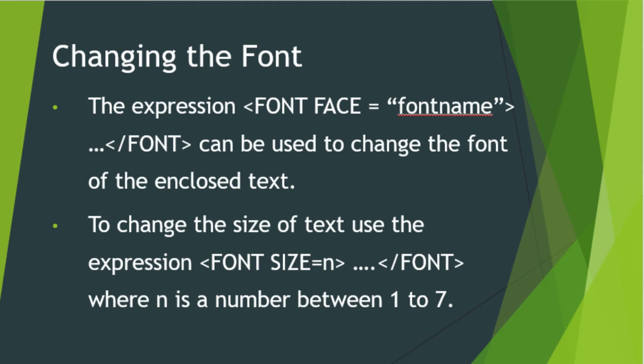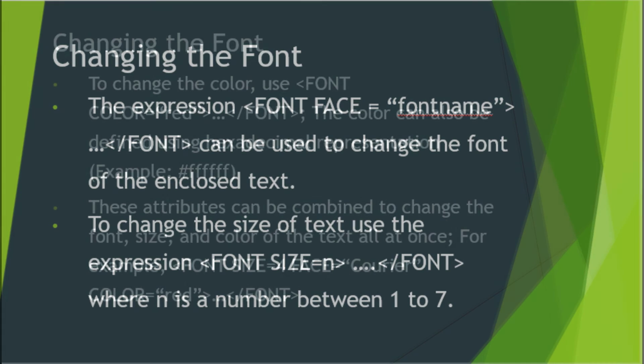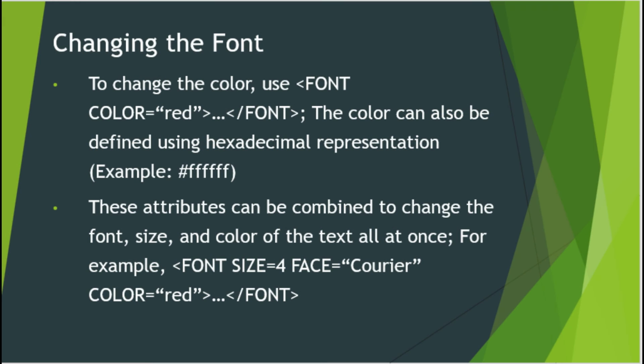Changing the font means we can set the font size, color, and font type. If you want to set the color, we are using font color equal to red, where red is the attribute value.